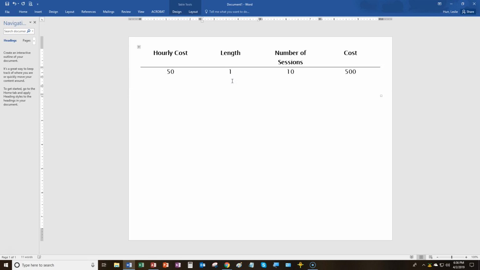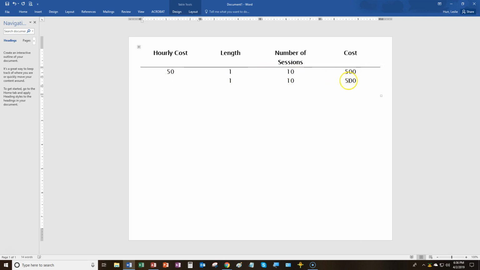Okay. So let's say we have a situation where we know the length is 1, and we know that the sessions are 10, and we know that the cost is 500, right? So we know all this information, and what we wanted, this right here, is the culprit in question. Before, we multiplied everything out and we got the cost.